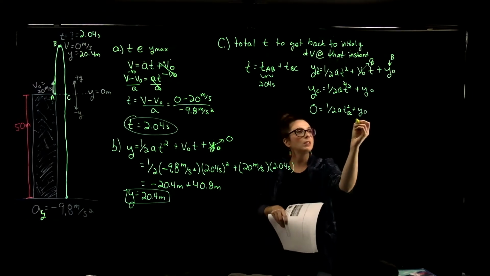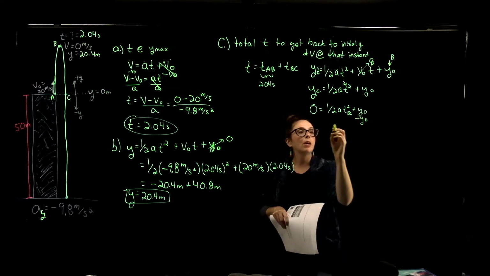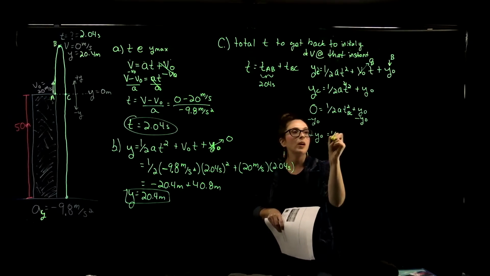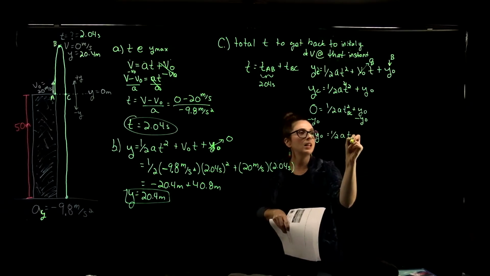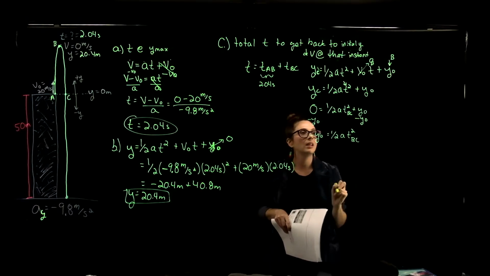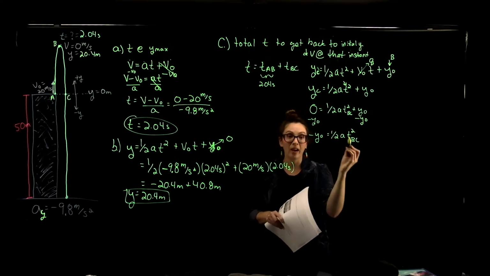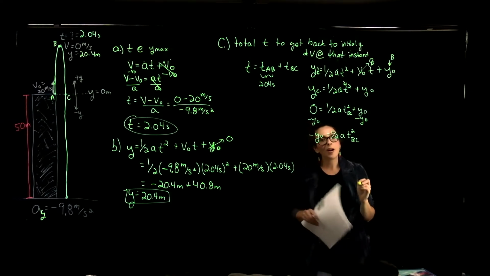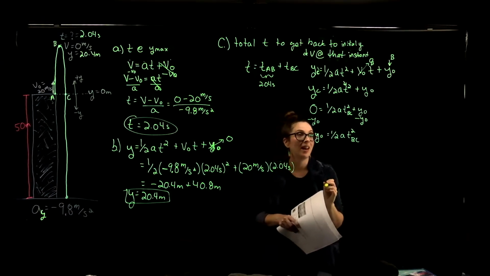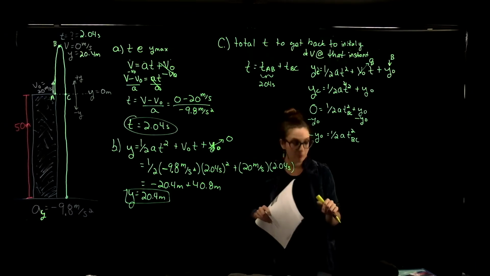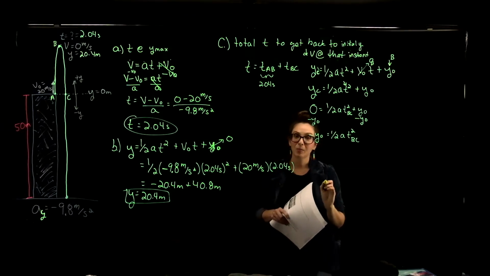So let's see, I'm going to subtract y0 over to the other side. So minus y0 equals 1/2 a t, the time it takes to go from B to C, squared. Well, let's see what we could do. We could divide both sides by 1/2 times a, or what we can go ahead and do now is multiply both sides by 2.